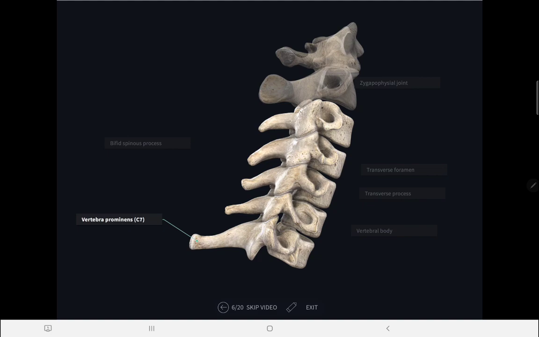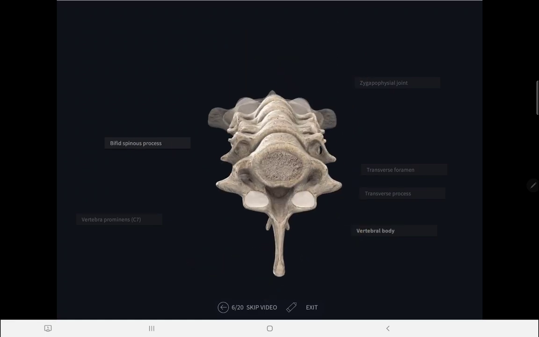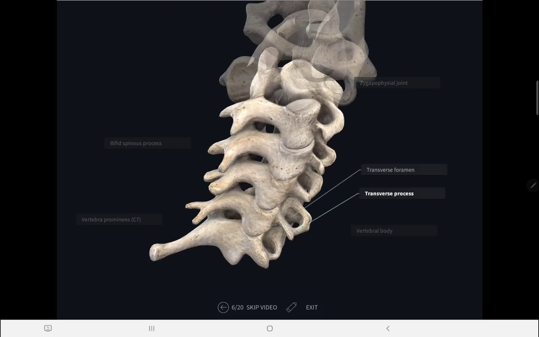A typical cervical vertebra has a bifid spinous process. The vertebral body is somewhat smaller than those within the thoracic and lumbar regions. And the transverse processes have transverse foramina, which are holes that transmit the vertebral arteries and veins.